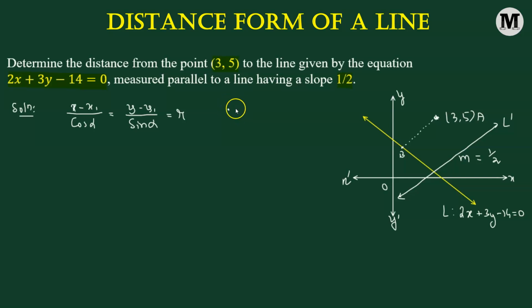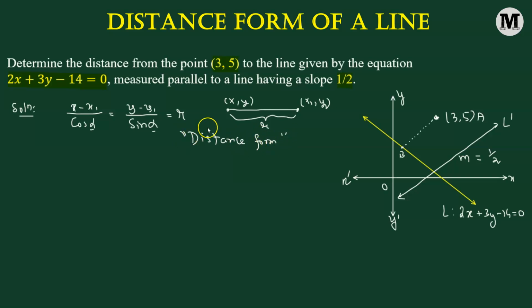One point has the coordinates (x, y), and the other point has the coordinates (x1, y1). So let's say we join these 2 points, and the distance between them is given by r. Also this line is making some angle alpha with the positive direction of the x-axis. So this is referred to as the distance form of a line. We'll take the help of this distance form to find out the distance r.